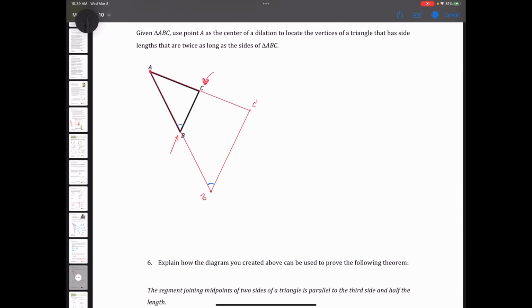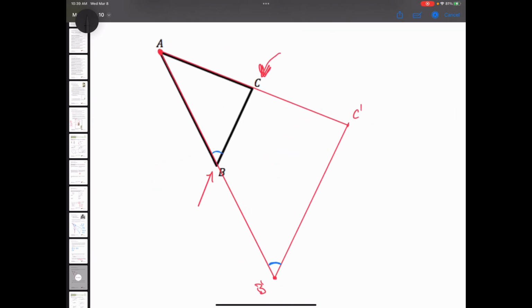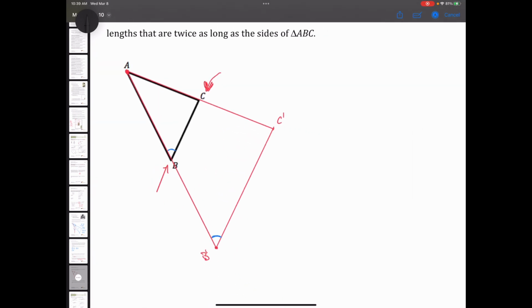What do you think? So this is what it's asking: AC is equal to 1/2 AC', and it's saying that CB is parallel to C'B'. Angles have to add up to 180, and we have both of those lines, right?